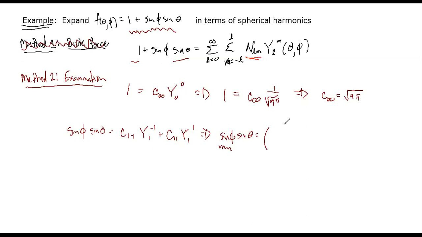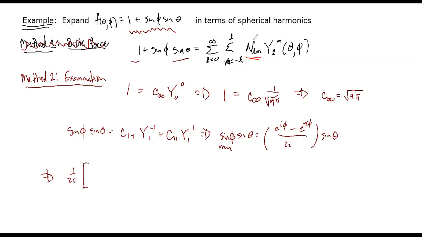So this is equal to e to the i phi minus e to the minus i phi over 2i. So that's just expressing sine of phi in terms of complex exponentials. And therefore that's equal to 1 over 2i.